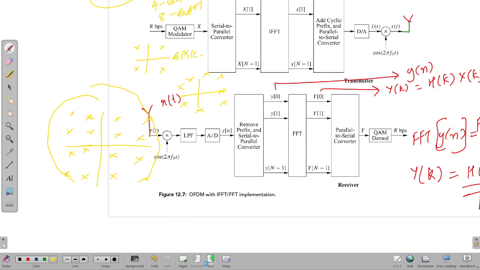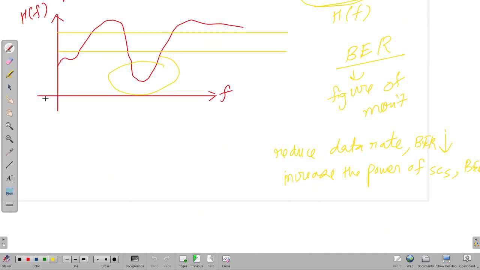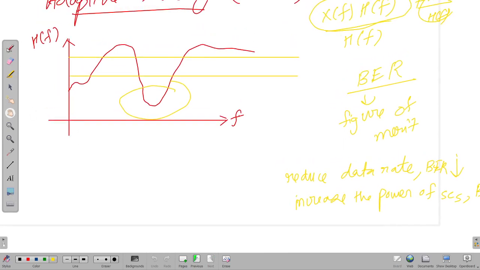And coming to our problem, here when this frequency response is really good, the places where the frequency response is good, that is above this line, you could use a constellation having higher data rate, a higher value of constellation like 16 QAM, 64 QAM, etc., 32 QAM.